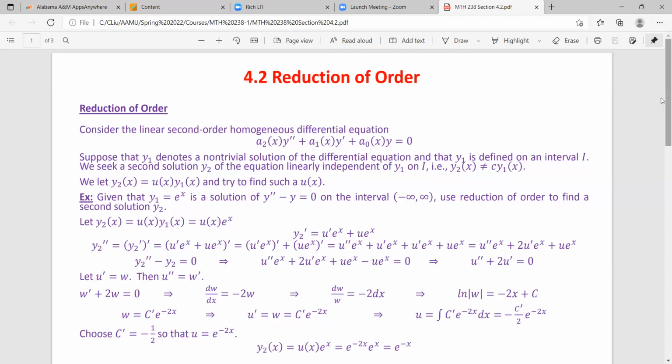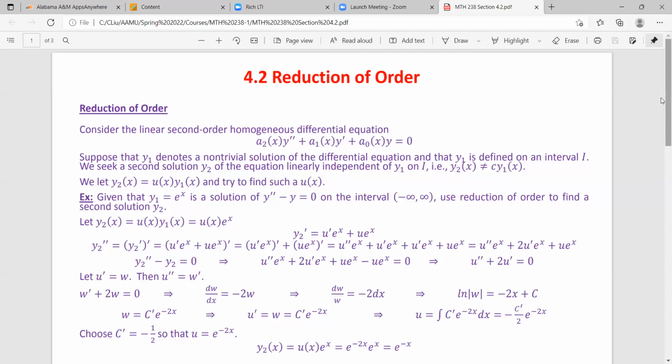And then you just take the derivative of y2 prime to get the y2 double prime. And so we got two terms, u prime e to the x plus u times e to the x, to take the derivative. All right. Again, we just use the product rule again for each, because u prime is a function of x also.